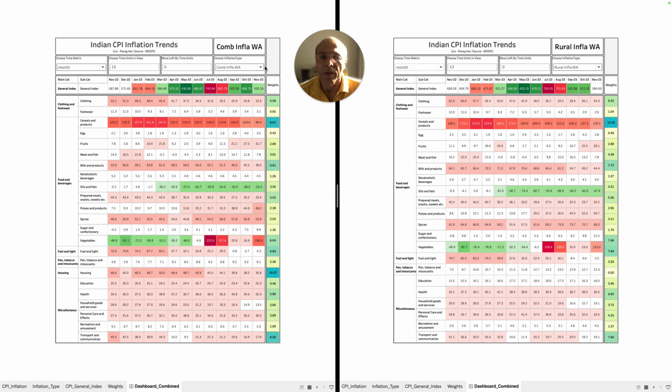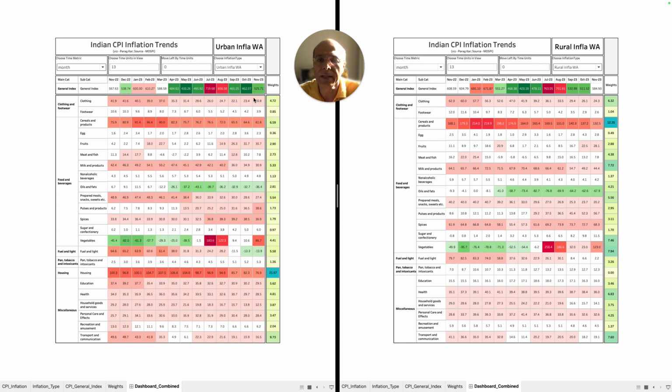Now, in this presentation, rather than comparing the overall number and the trend, which we'll definitely look into, I think it will be useful to see how both the markets, both the economies of India, urban versus rural, compare with each other.